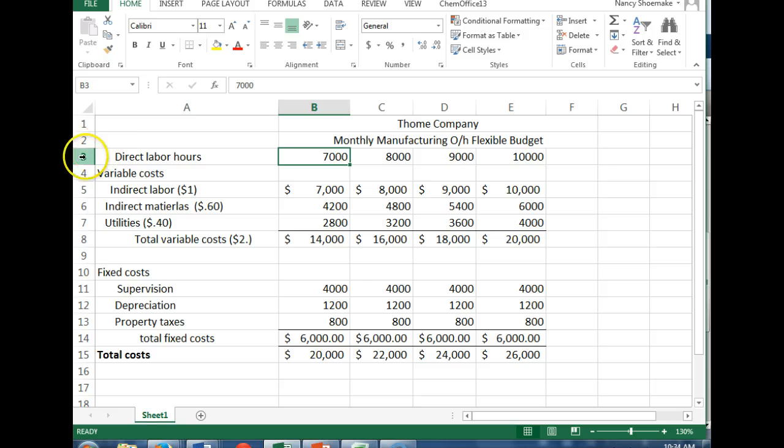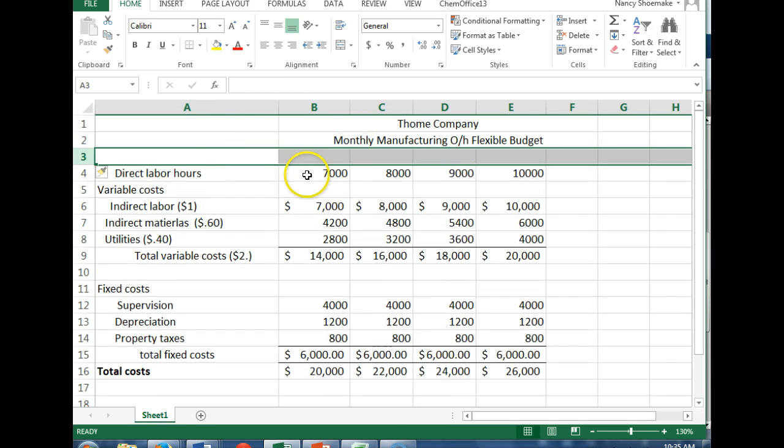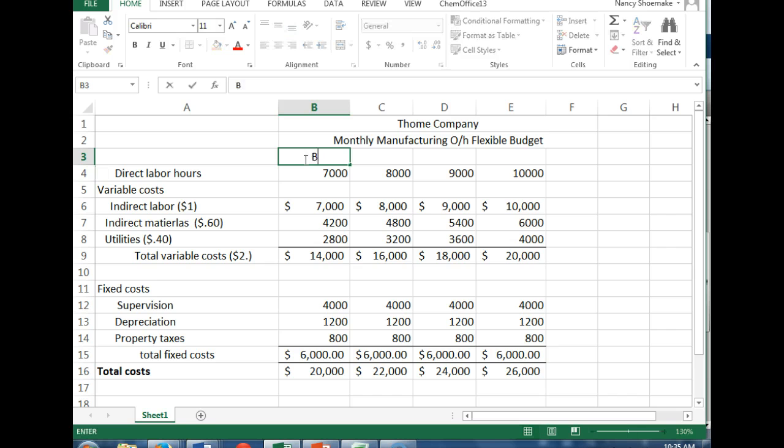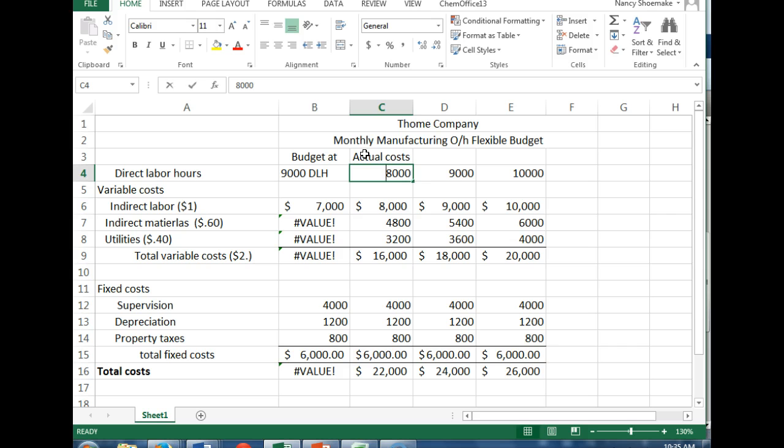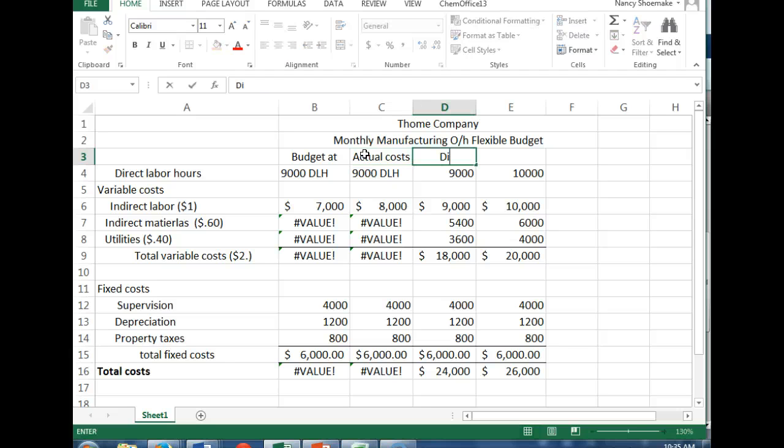Sorry, let me insert. We've got budget at 9,000 direct labor hours, and actual costs at 9,000 direct labor hours. And then we're going to have the difference, be it favorable or unfavorable.